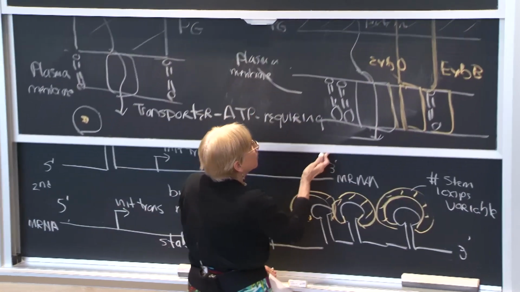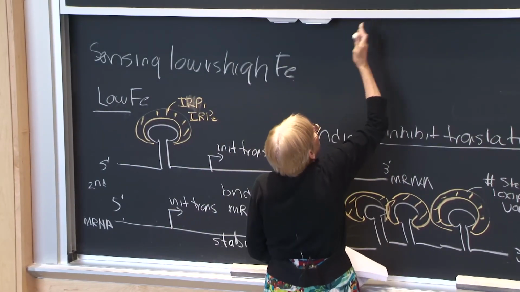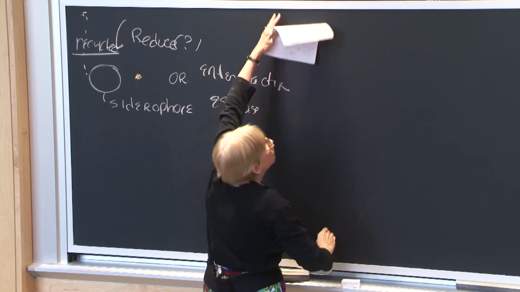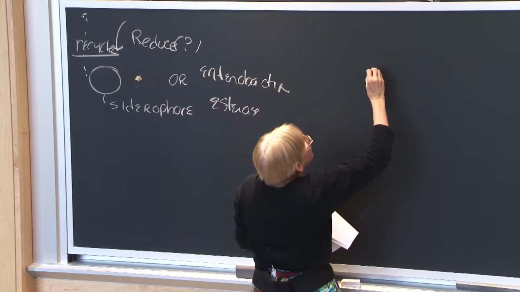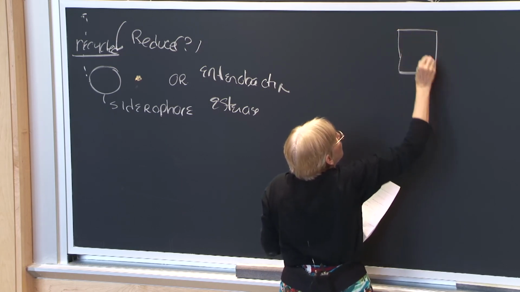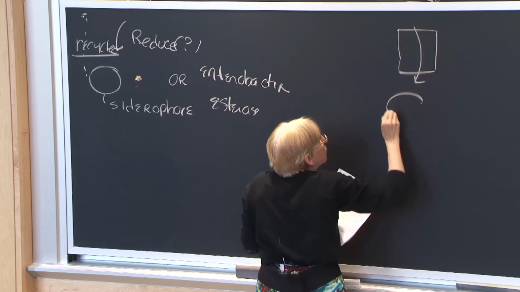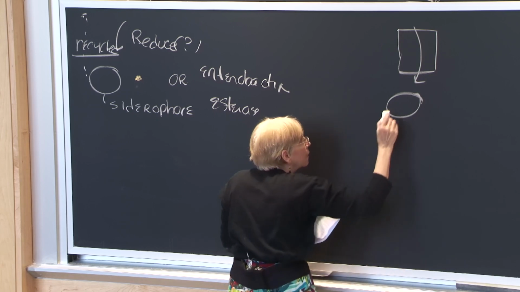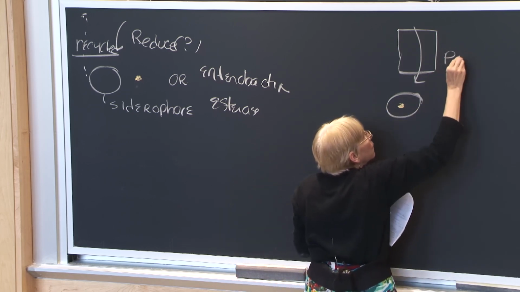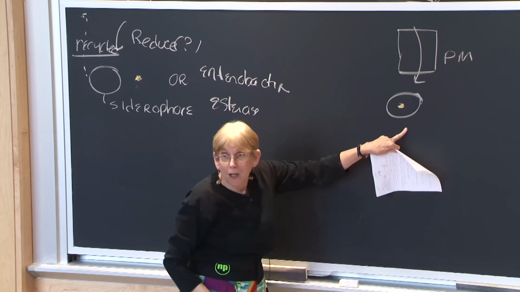Okay, so let me put this up here, just like we just did before. So your siderophore, okay, so you can't see the bottom of my transporter. Your siderophore comes through. Okay, so this is the plasma membrane. And what do you have? You have the same problem.